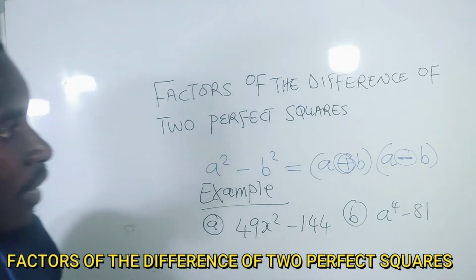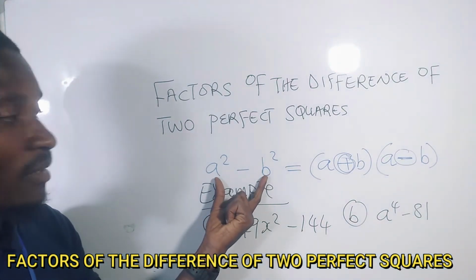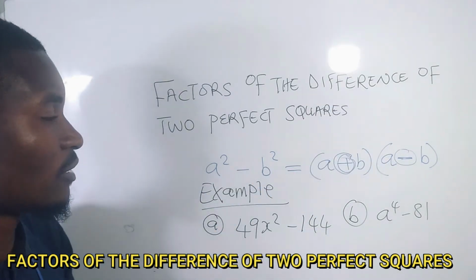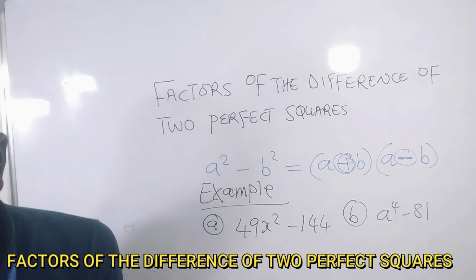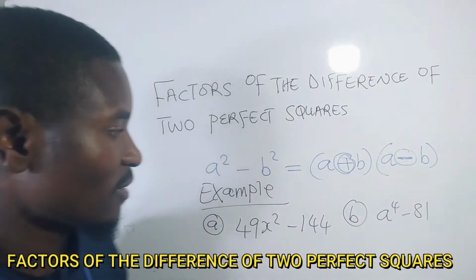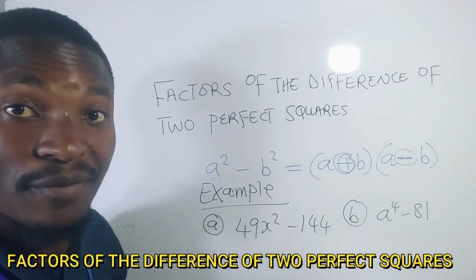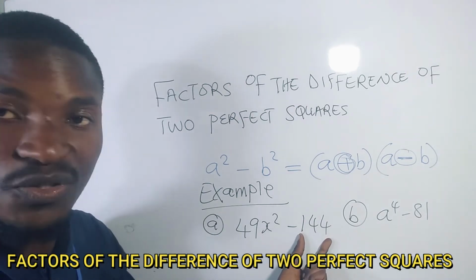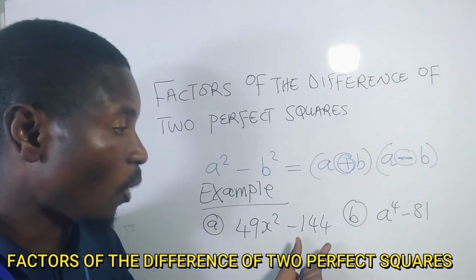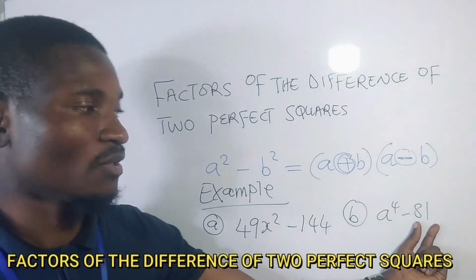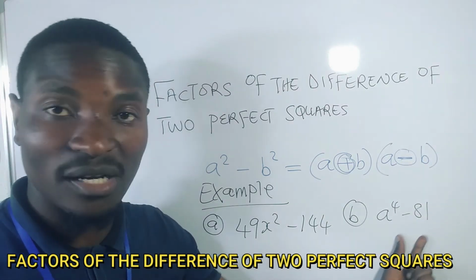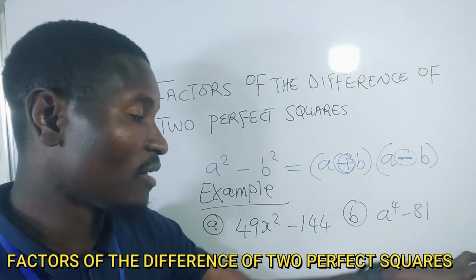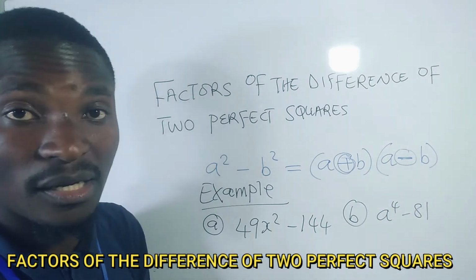Let us now apply the concept of the factors of the difference of two perfect squares. The idea is that these numbers should be perfect squares, which means I can find the square root of 49 and the square root of 144. On the other side, 81 is a perfect square, since when you square 9 you get 81.